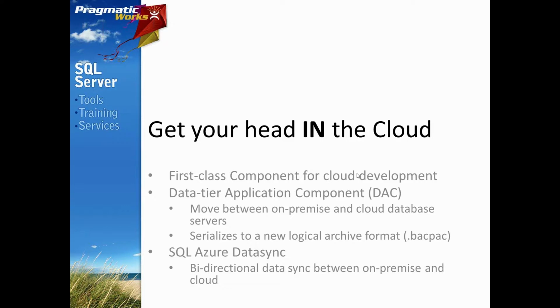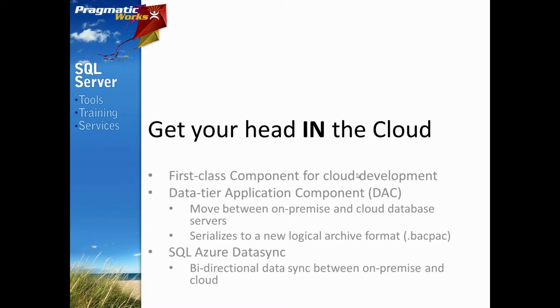If you see on my slides, it's a .bacpac. It's a serialized new logical format for taking essentially all of the database objects, putting them into a file, and being able to push them between different data centers, either on-premise or out in SQL Azure as well.